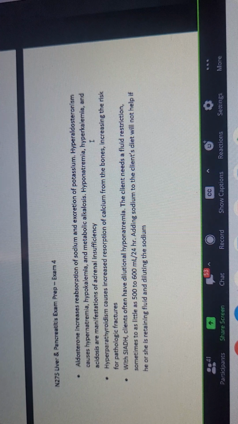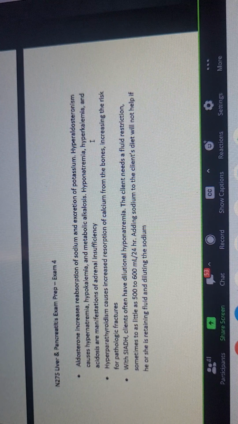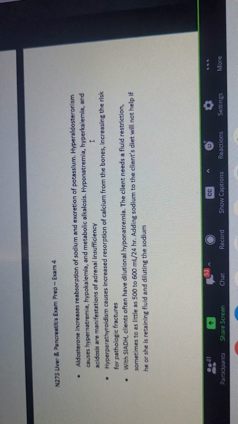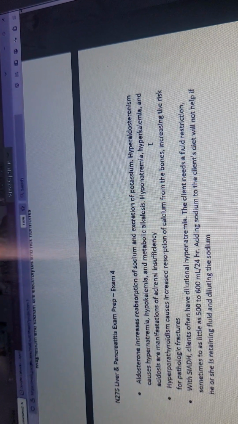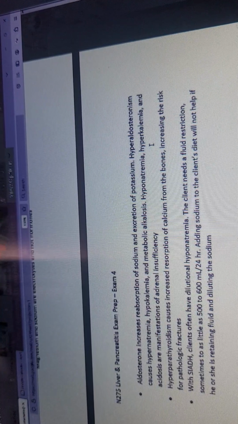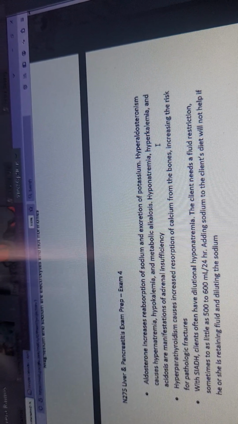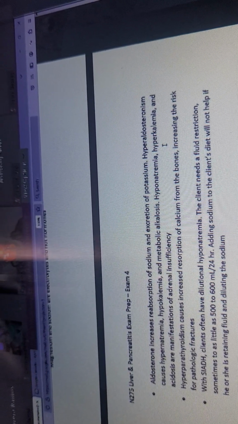So in order for us to fix it, adding sodium to the client's diet is not going to do anything. The answer is a fluid restriction. If we stop bringing the fluid, it will eventually correct itself, the sodium, and will affect the sodium to potassium shift, and things will work out.